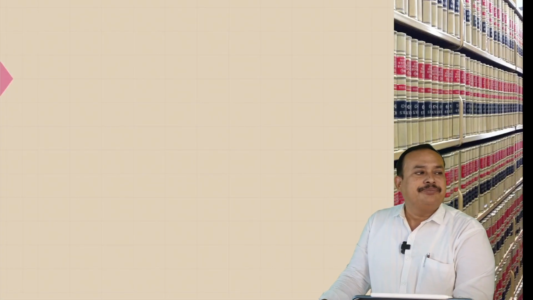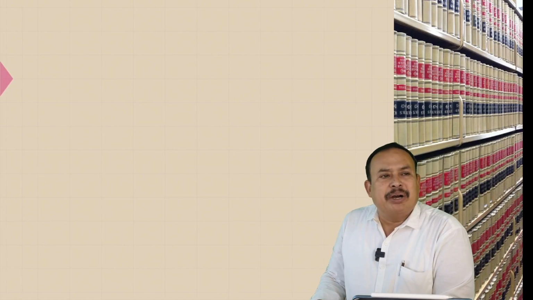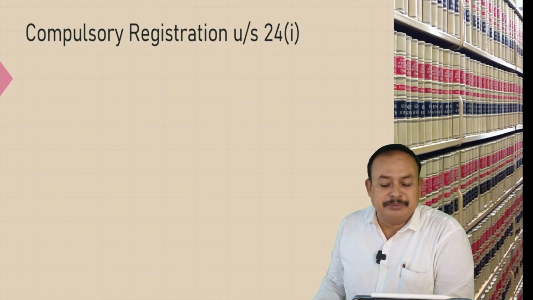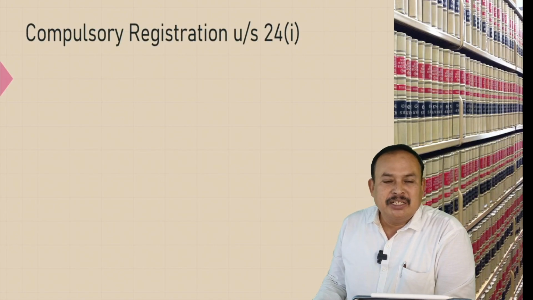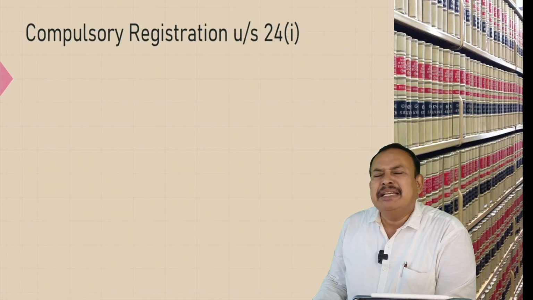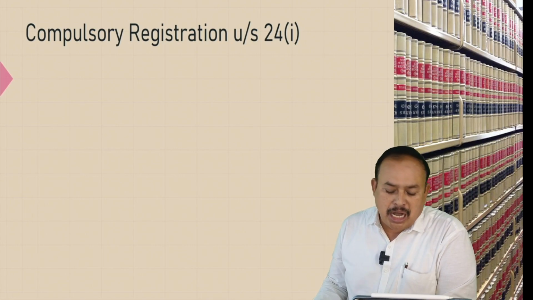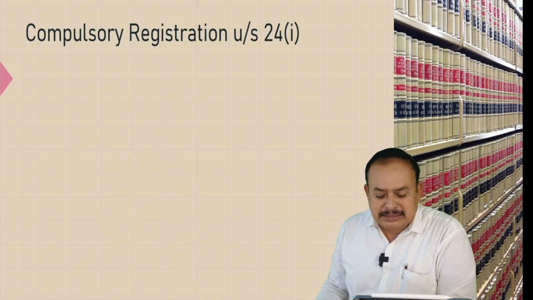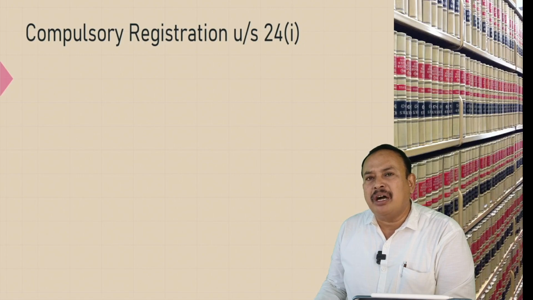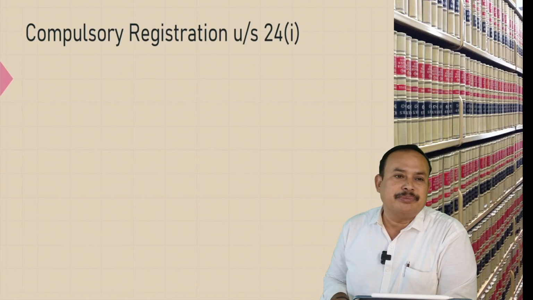Now referring to compulsory registration. Section 24, a big list. How is it understandable? Easy. The first point: interstate outward supply of taxable goods.